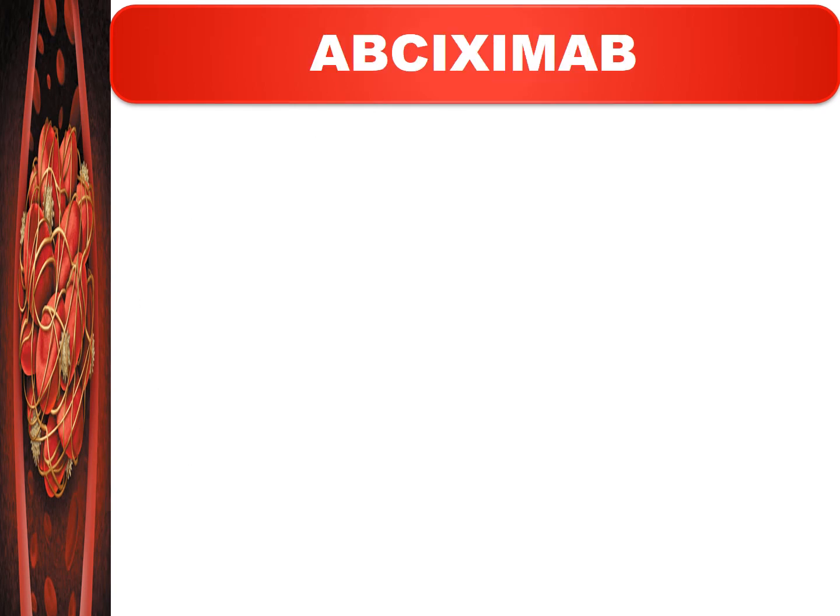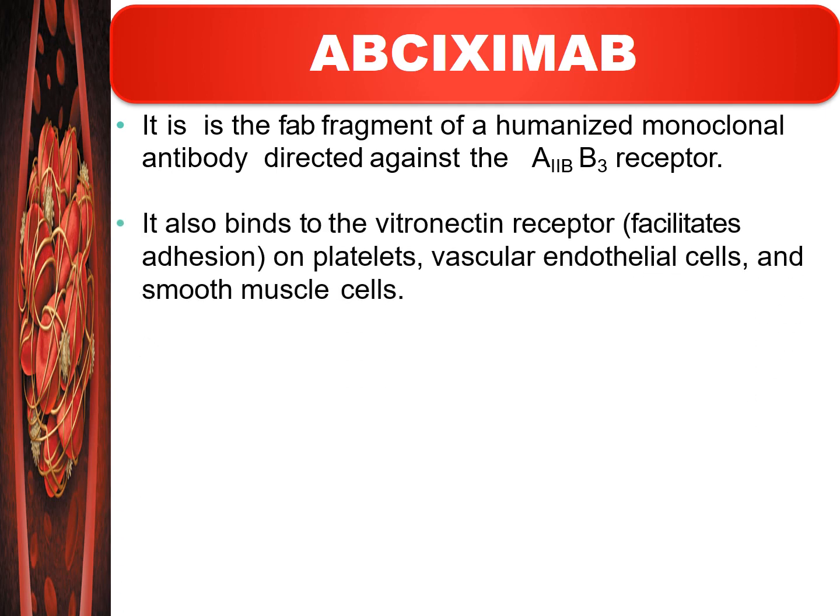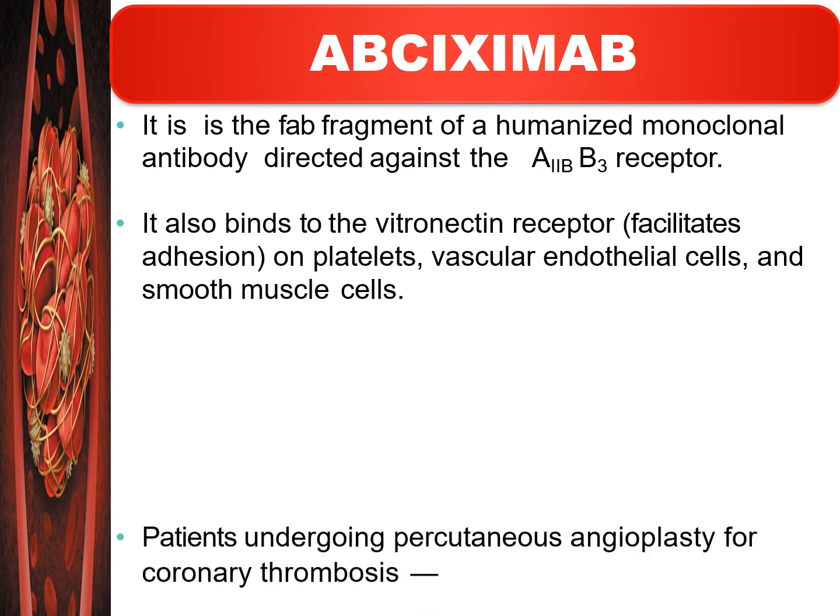Now, the GP receptor antagonist drug abciximab is the Fab fragment of a humanized monoclonal antibody directed against the alpha IIb beta 3 receptor. This drug also binds to the vitronectin receptor, which facilitates adhesion on the platelets, vascular endothelial cells, and smooth muscle cells.